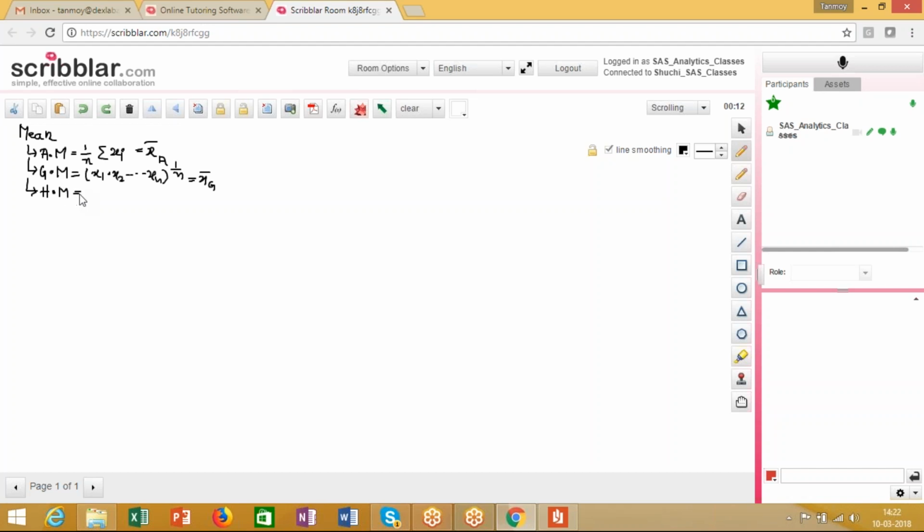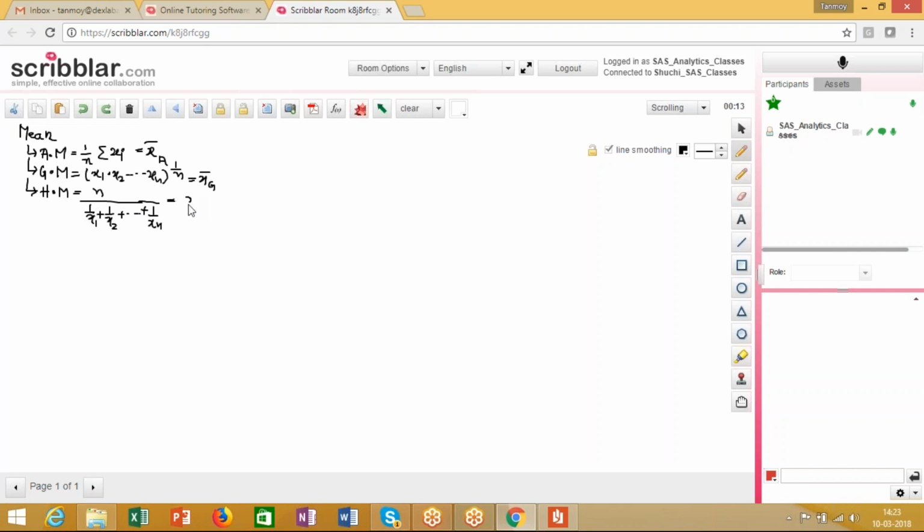For a set of n observations, it is defined as n divided by 1 by x1, plus 1 by x2, and so on up to 1 by xn. So this is called the harmonic mean.